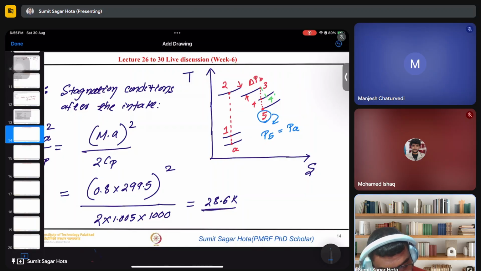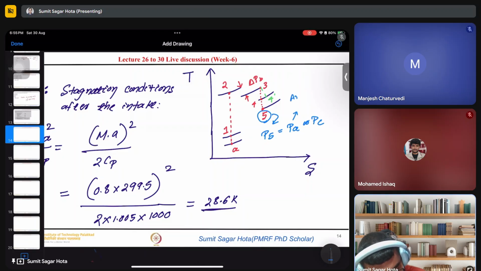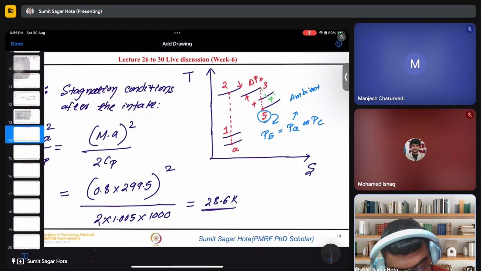I am assuming it as PA or PC, whatever you can call it. PC means the critical pressure. Why I am assuming this, I will tell when solving.